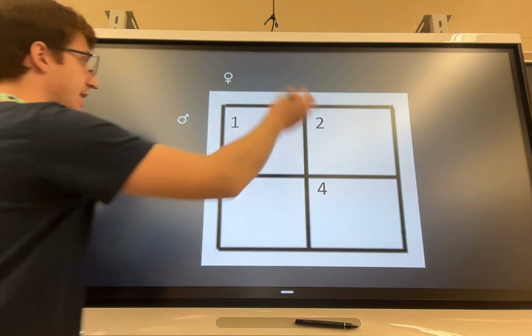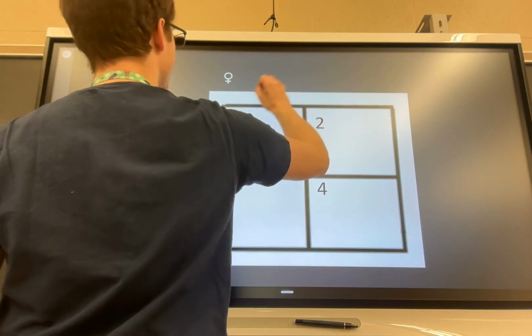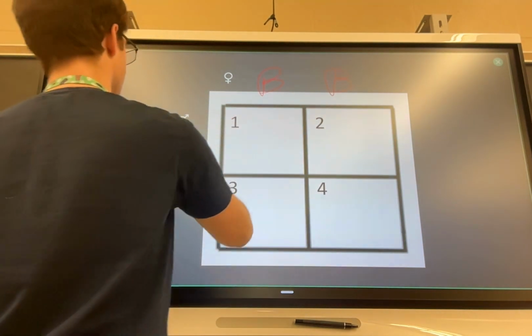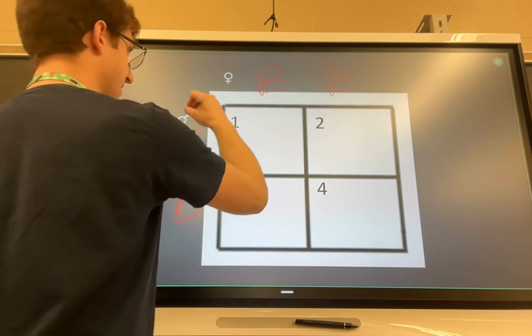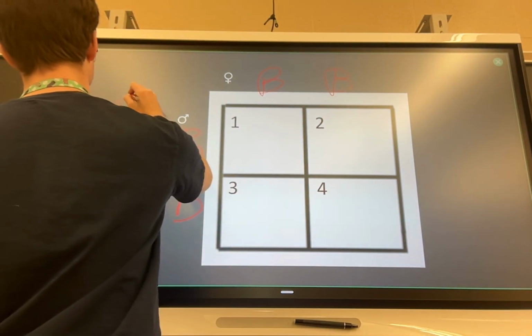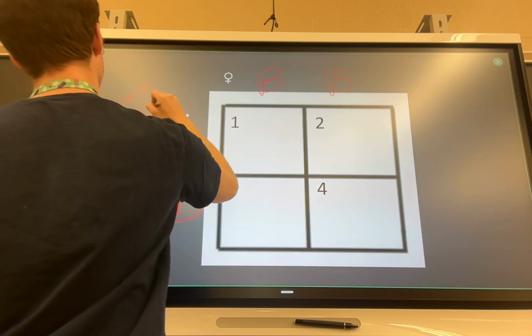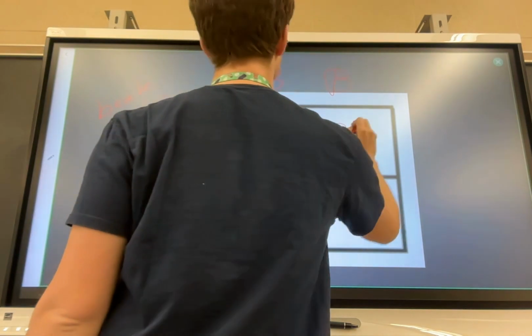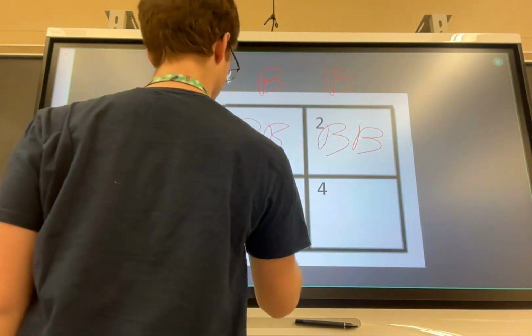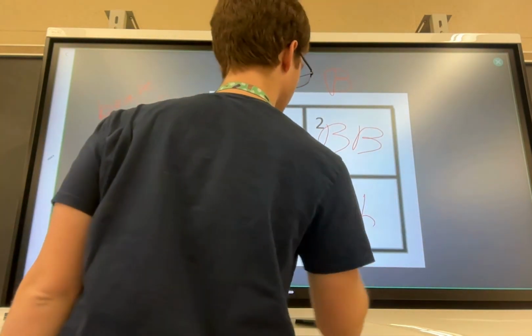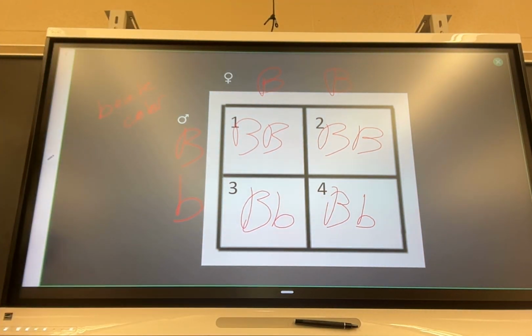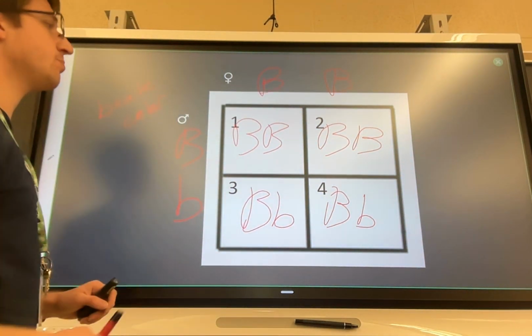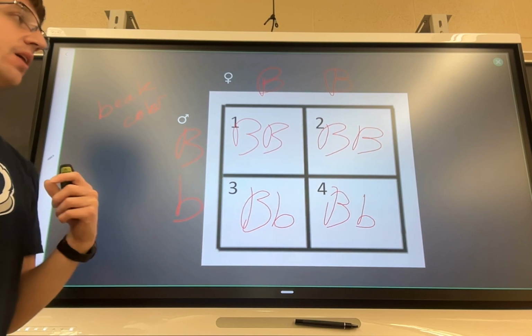So for example, if we had a trait that was, let's say dominant versus recessive, let's say that this codes for beak color, we will have big B, big B. So we have a 50% chance that we get an orange beak and 50% chance we get a red beak.